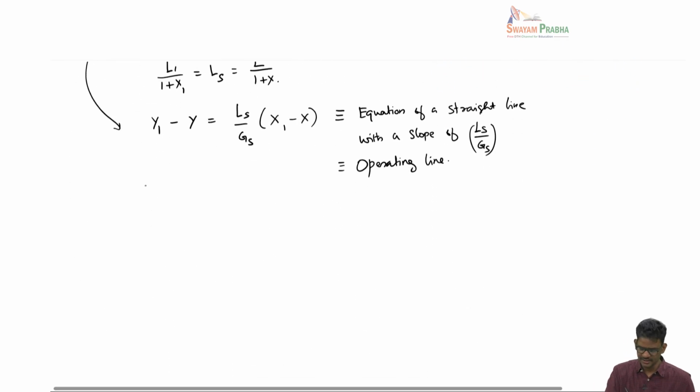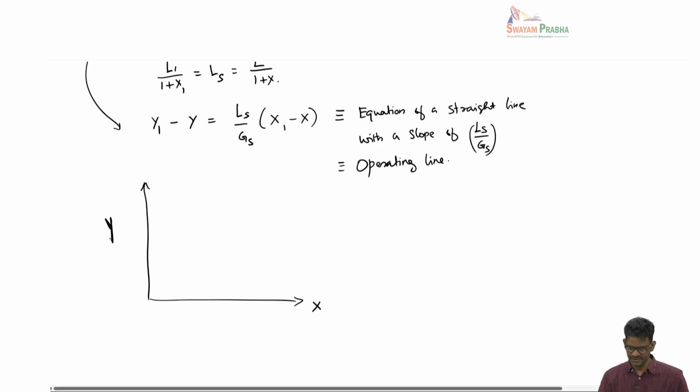You may recollect that I showed this derivation before. So I have converted to mole ratio units, Y versus X, and this may be your equilibrium line, Y star is equal to a function of X star.